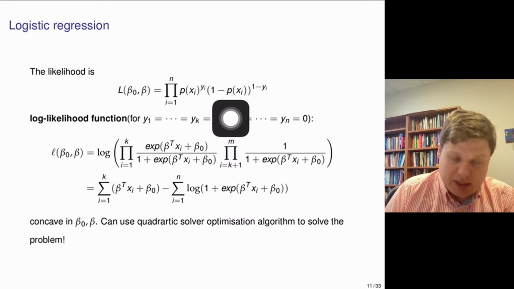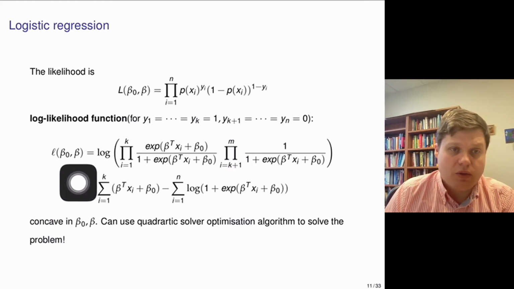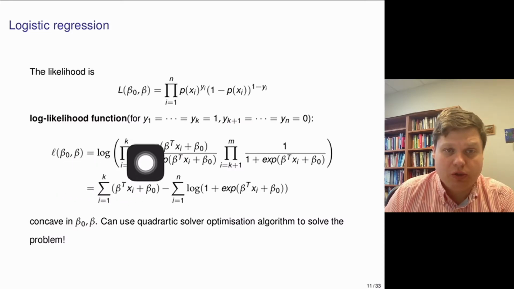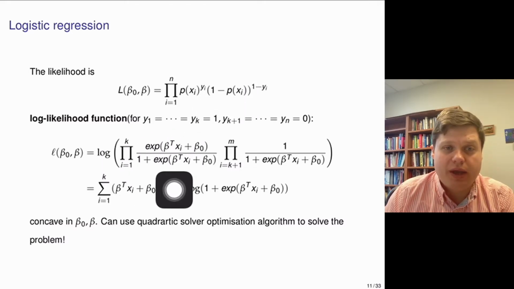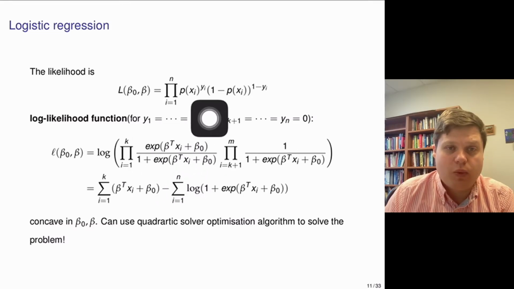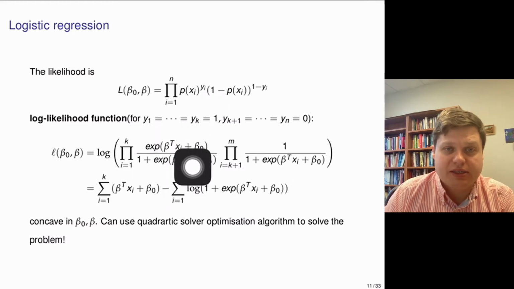And then we're going to take the logarithm of that. So we're going to have a log likelihood, which is the log of this product, and now the product is going to look different depending on whether y is 1 or 0. So now we have the first k terms where y equals 1, and that is just p of xi, so we have the product of p of xi.